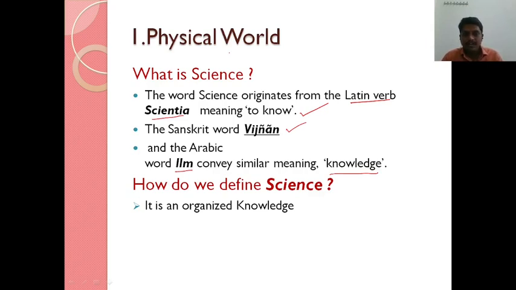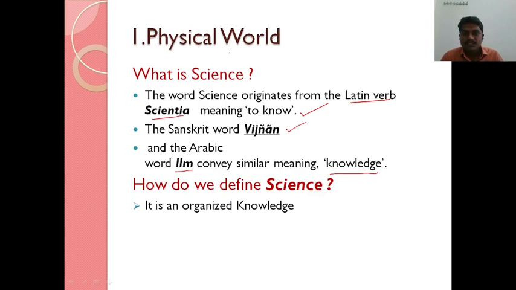We will try to understand what is happening in the physical world and how things happen, like the falling of an apple onto the earth, or how the planets revolve around the sun. We observe these things and develop our knowledge systematically.